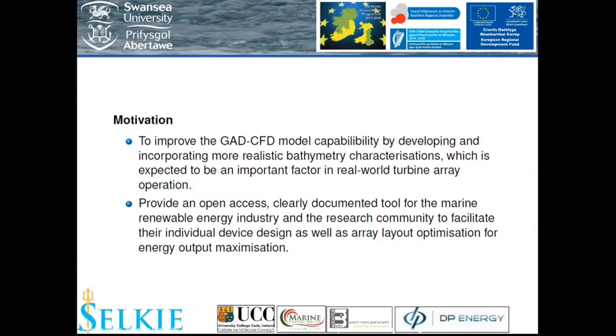The model has been compared to several lab-scale experiments with good results achieved, and our aim is to improve the GAD model capability by developing and incorporating more realistic bathymetry characterizations, which is expected to be an important factor in real-world turbine array operation, and to provide an open access, clearly documented tool for the marine industry and research community to help in their individual device design as well as array layout optimization for energy output maximization.